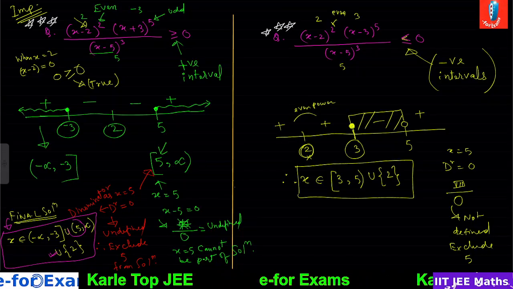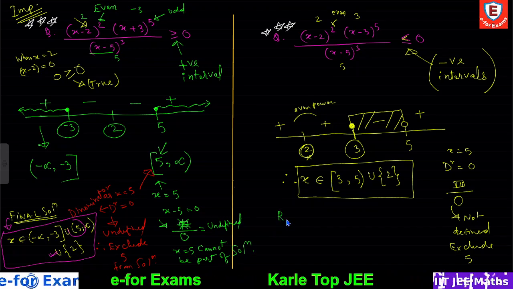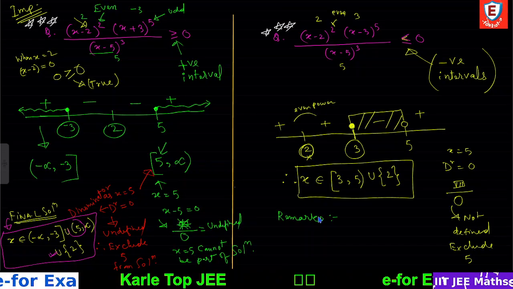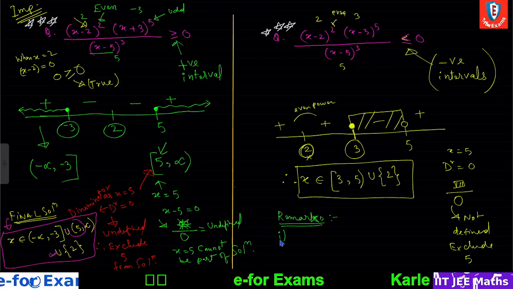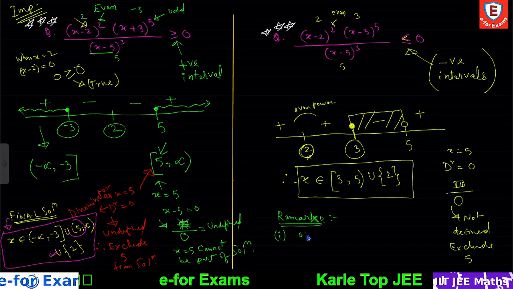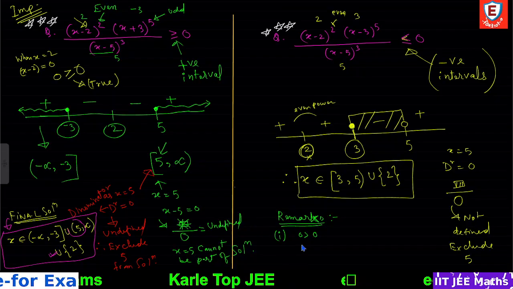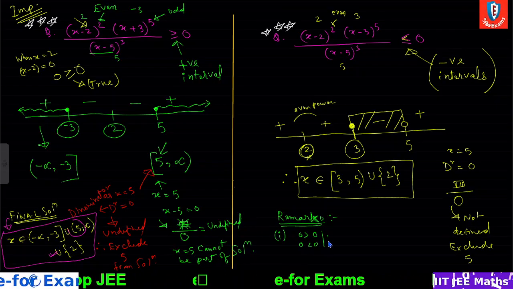Now write some remarks, R-E-M-A-R-K-S. Point number 1: 0 greater than 0, 0 less than 0, these are false.